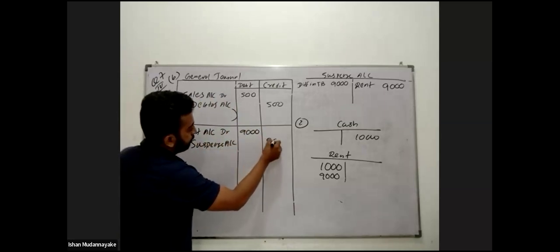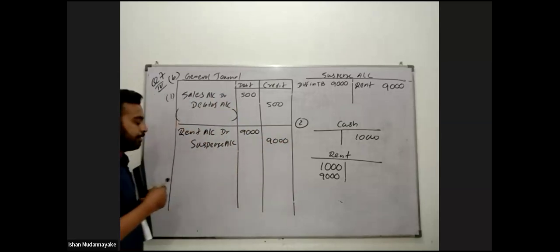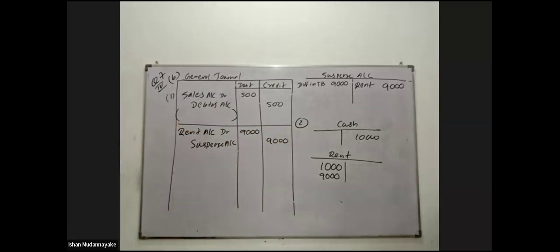That's a double entry. Rent account debit 9,000, suspense account credit 9,000.